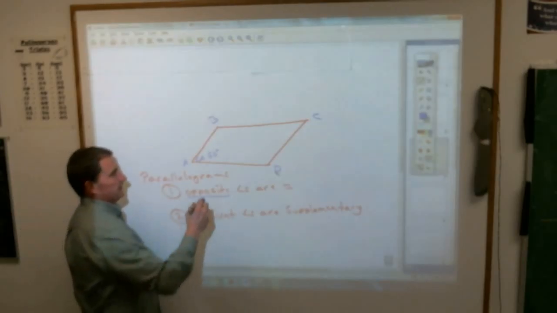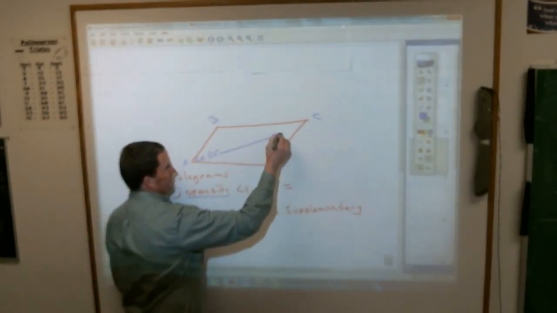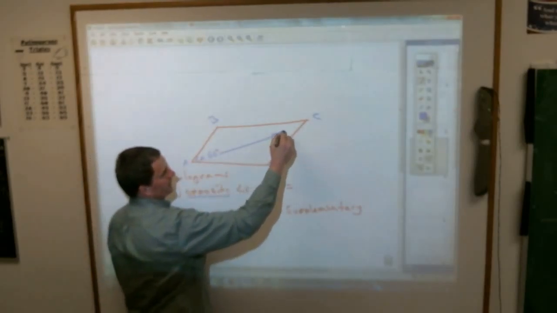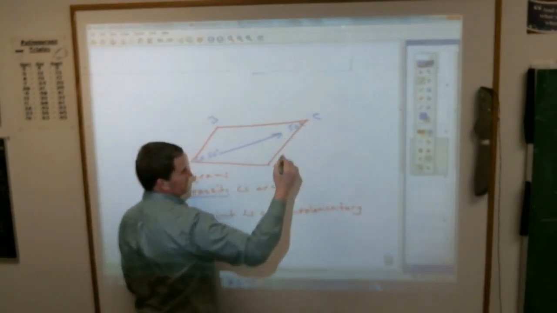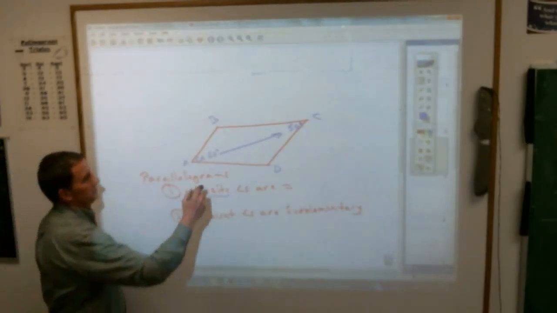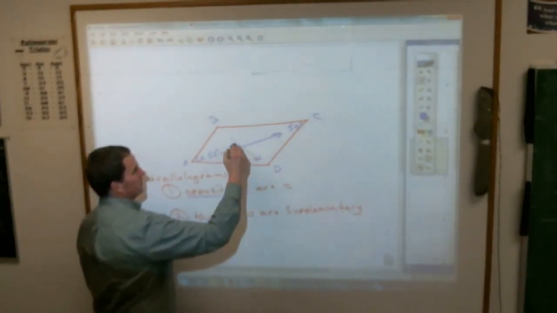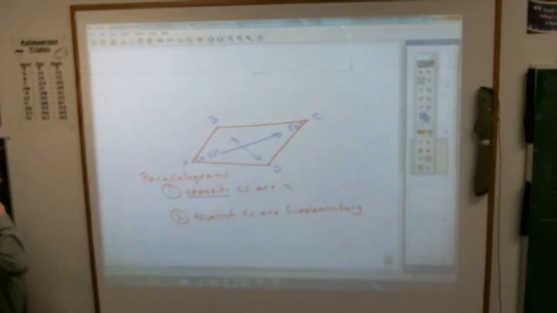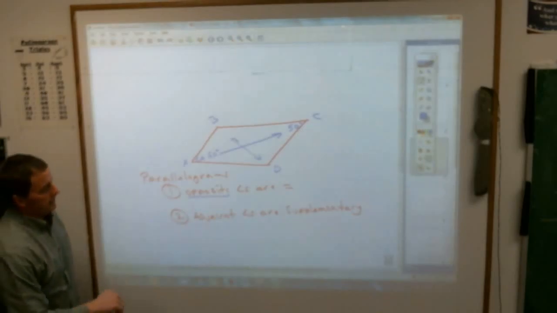Angle C. Exactly, because if you go straight across in the opposite direction, this number 1 says opposite angles are equal, so angle C has to also be 50 degrees. And you know that B and D are also opposite, but we don't know what they are. They're not 50 degrees, you can tell just by looking at that.